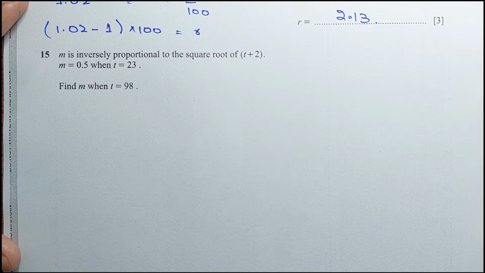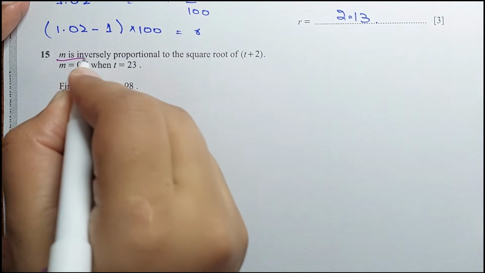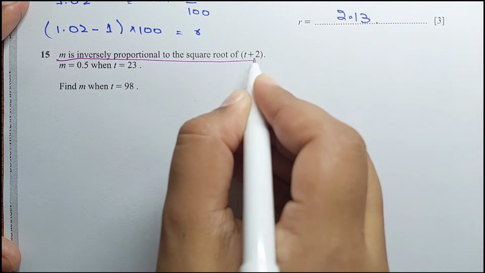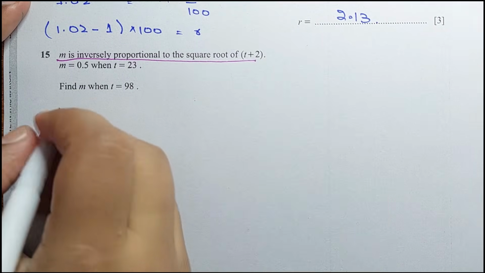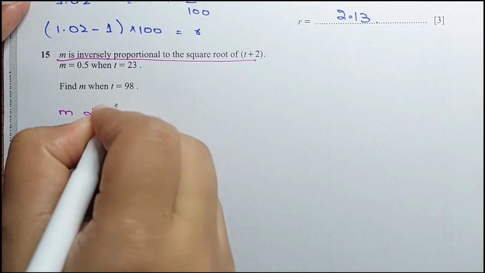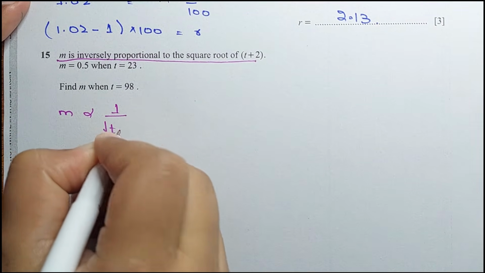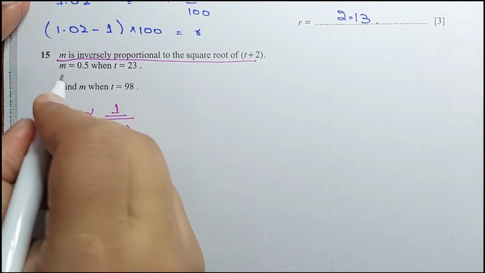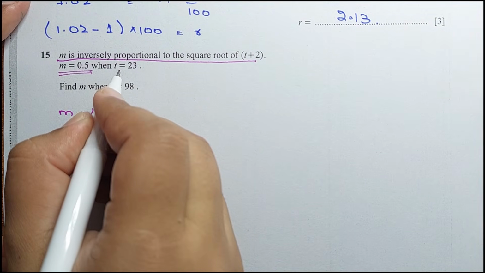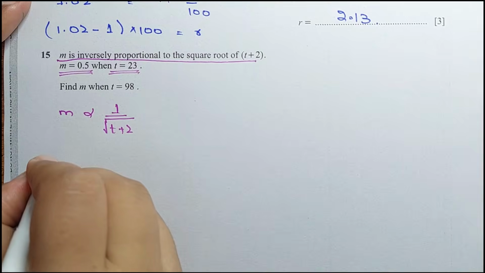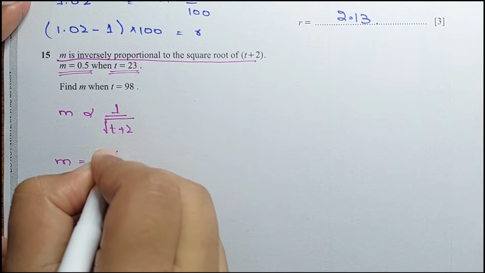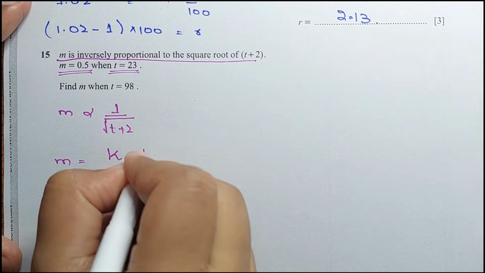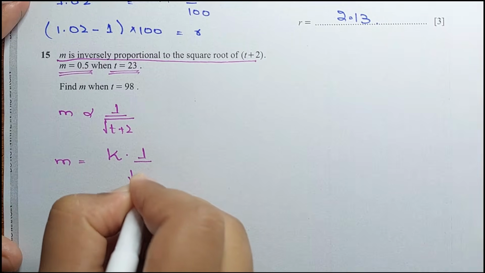Question number 15. M is inversely proportional to the square root of t plus 2. The M value is 0.5 and the t value is 23. So M equals some constant of proportionality k times 1 over root t plus 2.